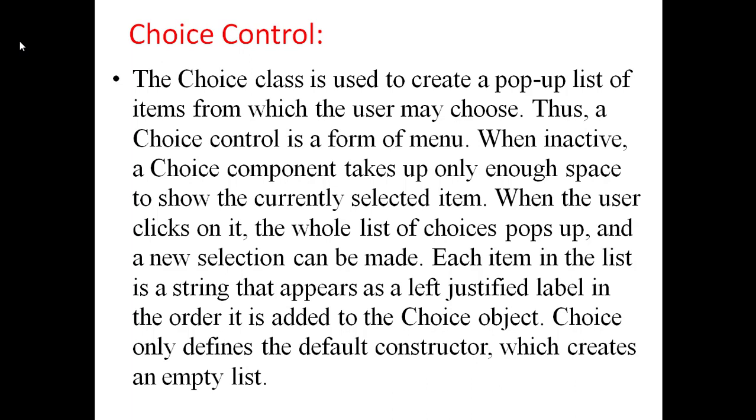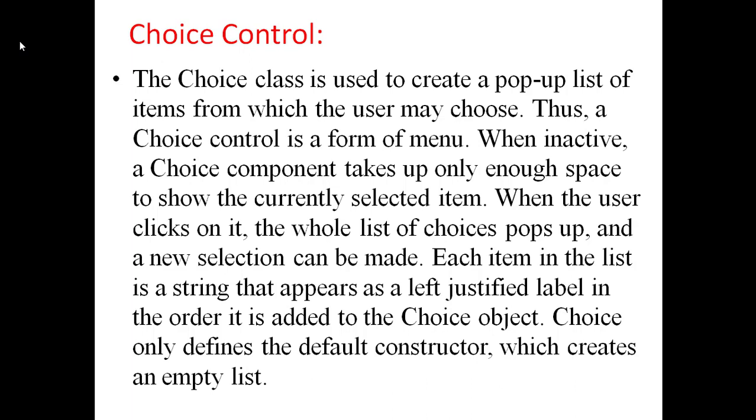So a choice class is used to create a pop-up list of items from which the user may choose. Thus, a choice control is a form of menu. When inactive, a choice component takes up only enough space to show the currently selected item.